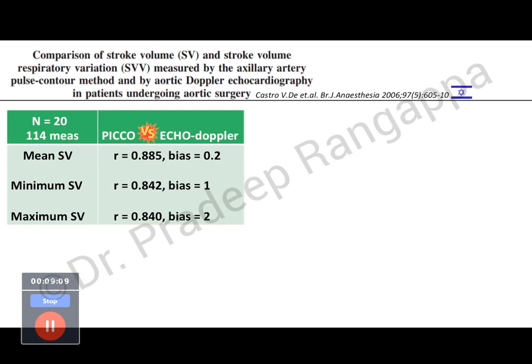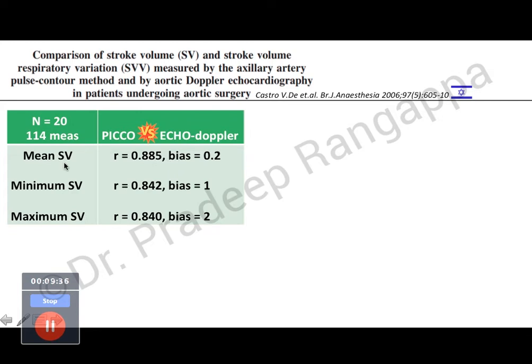This was another study, which came from the Israel group. This study was done in 20 patients, comparing stroke volume and stroke volume variation measured by the axillary artery pulse contour method, which is a cardiac output tool, and by Doppler echocardiography. They took 114 measurements. They compared PICO readings versus echo Doppler, and they had a good correlation for mean stroke volume, R equal to 0.885.